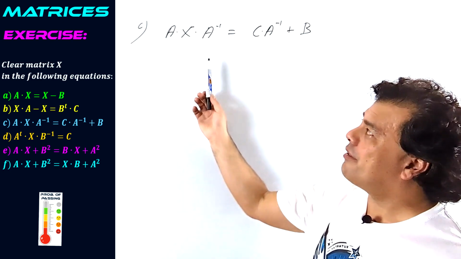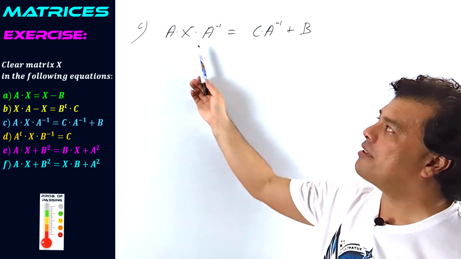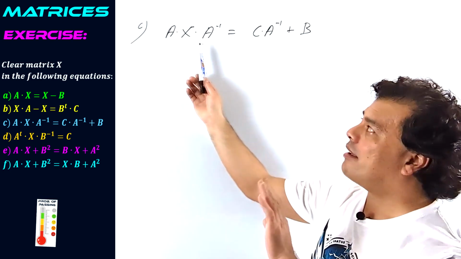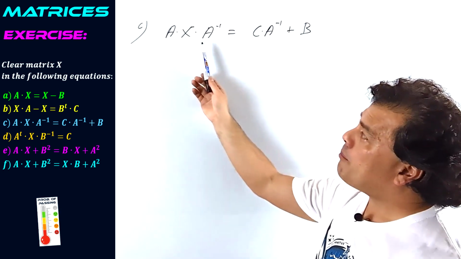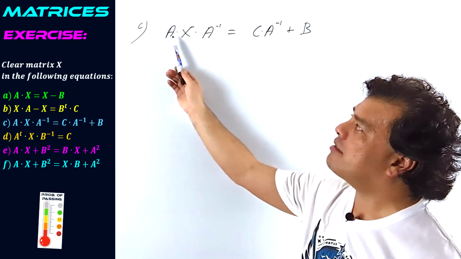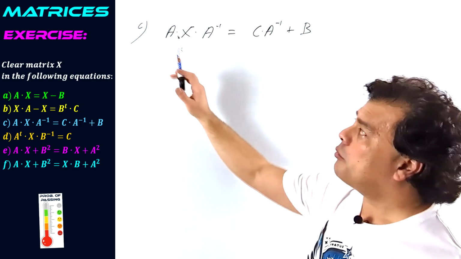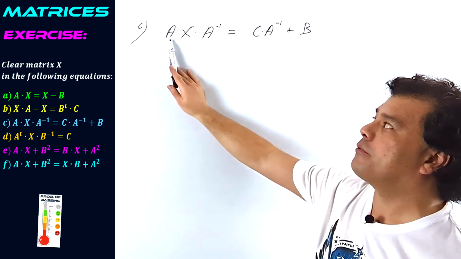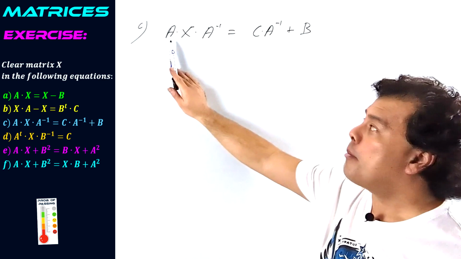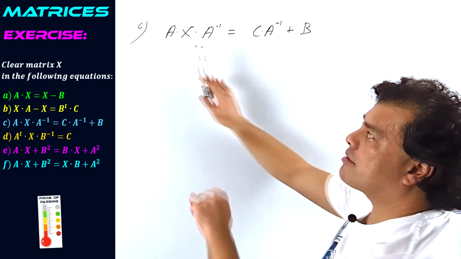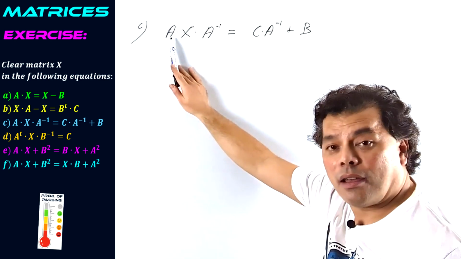Let's solve together the next equation, where you can see that matrix X is at the left side, but it's surrounded by these two captors. Why don't we release matrix X from this captor first by multiplying both sides by A to the negative 1?